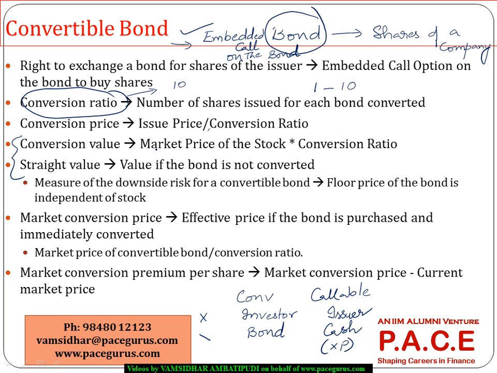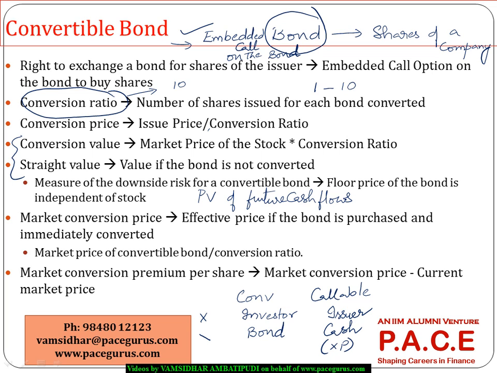It's like any other plain bond where we talk about the present value of the future cash flows. So assuming that the bond is not getting converted, we try to find the value of the bond as if it had no convertibility feature, a non-convertible bond with the same set of features.